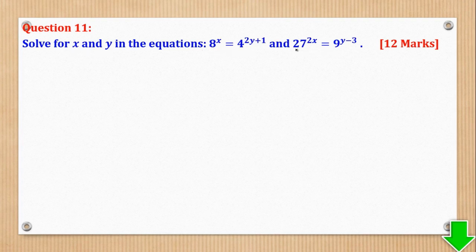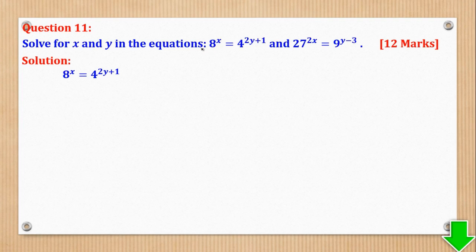Those are simultaneous equations, but they have been tricked by expressing them in terms of indices. So a student has to be knowledgeable in indices first. Let's see how to simplify them and take them back to linear simultaneous equations.